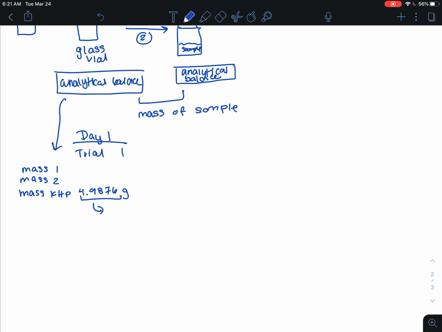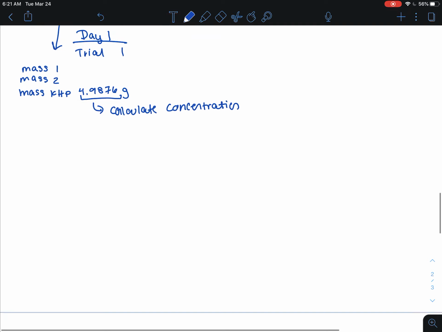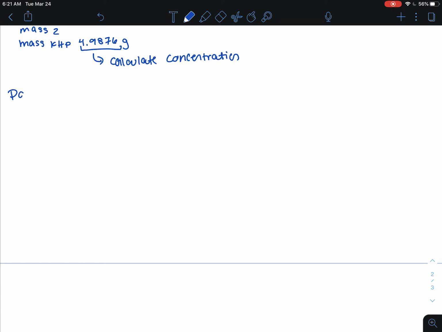So then let's say your mass was 4.9876, right, for precision numbers. I want to use this mass to calculate my actual concentration because the 0.1 was if I had exactly 5.1 grams. So then you would calculate your concentration and clean everything up, and you'd be done with day 1.